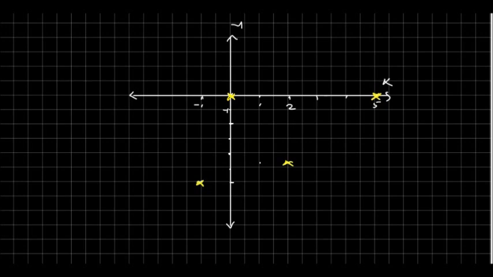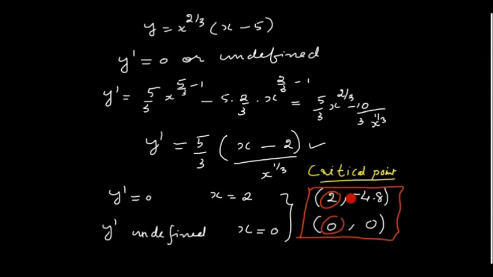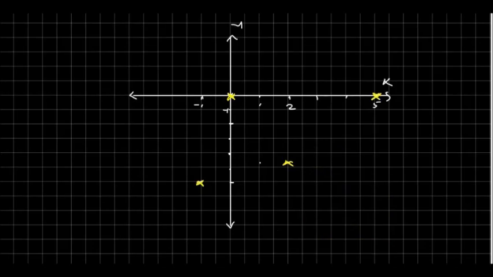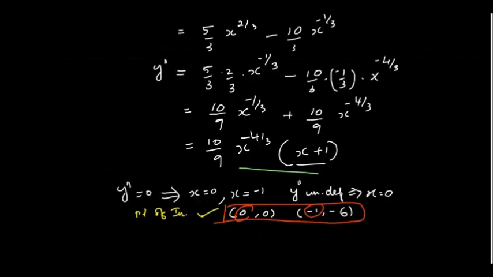Then critical points. Let's see what the critical points are: 2 minus 4.8 and 0 0. So 0 0 I marked, and 2 minus 4.8 is this point. So I'll write here the point 2 comma minus 4.8, and the other point was 0 0, this is the 0 0 point. Now you have to check for points of inflection.